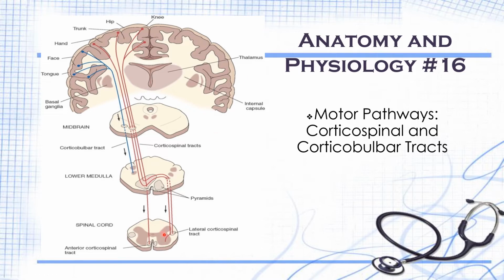So any movement, whether initiated voluntarily in the cortex or automatically in the basal ganglia or reflexively in the sensory receptors, must ultimately be translated into action via the anterior horn cells. Any lesion of these areas will affect movement or reflex activity.